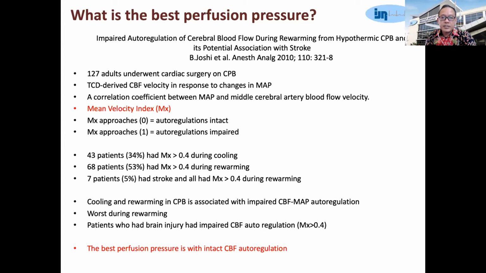All his patients that developed a stroke had a mean velocity index of more than 0.4 during rewarming. Therefore, cooling and rewarming in cardiopulmonary bypass is associated with an impairment of the cerebral autoregulation. It is worse during rewarming. So the best perfusion pressure is defined as that pressure with an intact cerebral blood flow autoregulation.